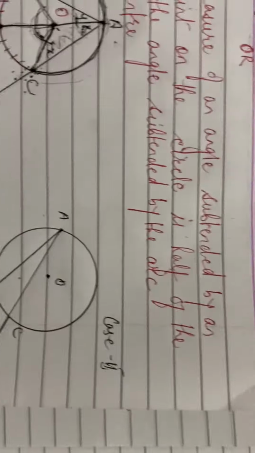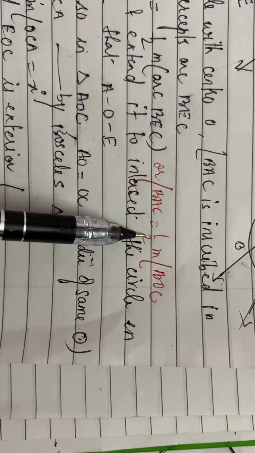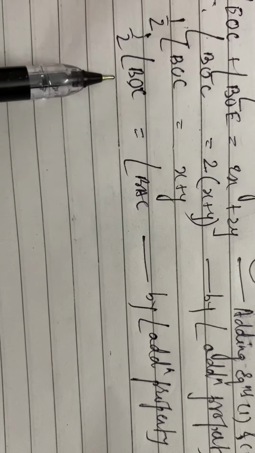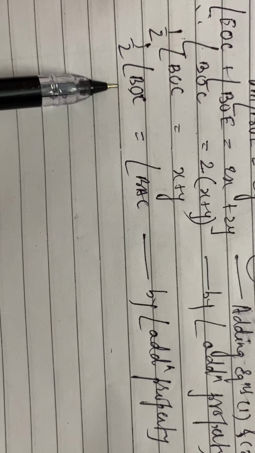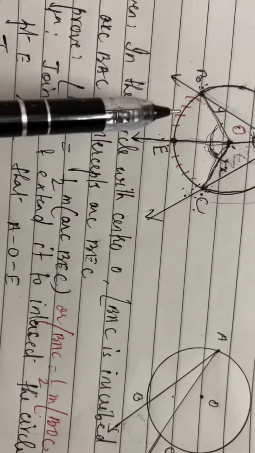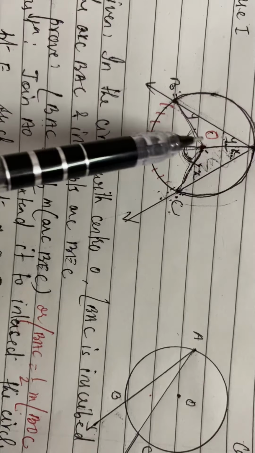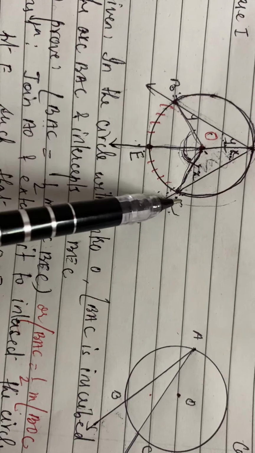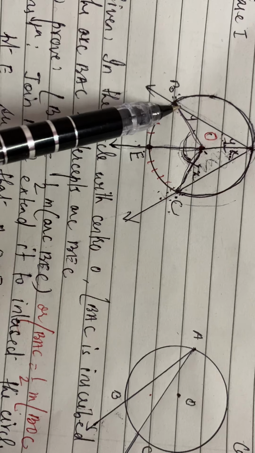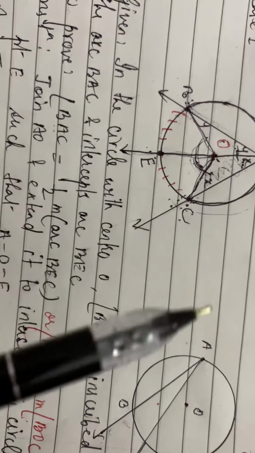Now we have proved this part. Have a look here. The measure of angle BAC is half of the measure of angle BOC. Angle BAC is half of the measure of the central angle. Now I have to convert this BOC into this arc BEC. So how do we convert it? Now you know the measure of the central angle is equal to the measure of the minor arc, right? So in place of BOC we will put the measure of arc BEC.